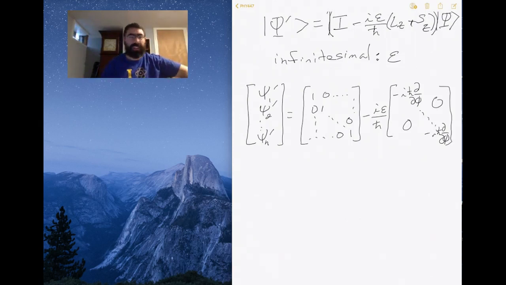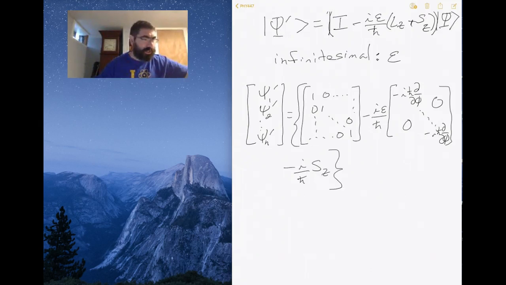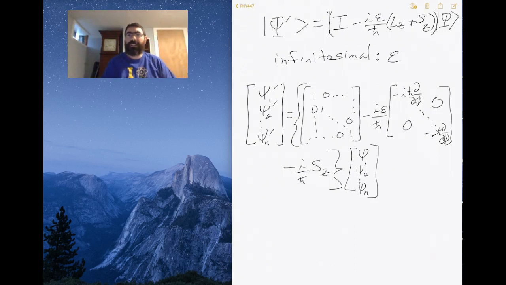So that's the Lz, minus i over h bar Sz, and all of that is operating on the state psi 1, psi 2, all the way down to psi n.